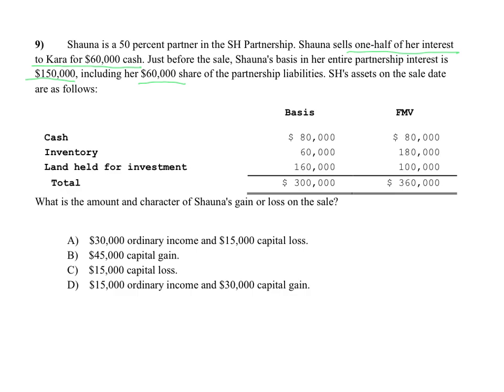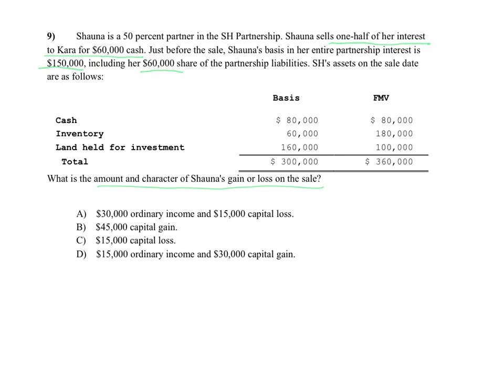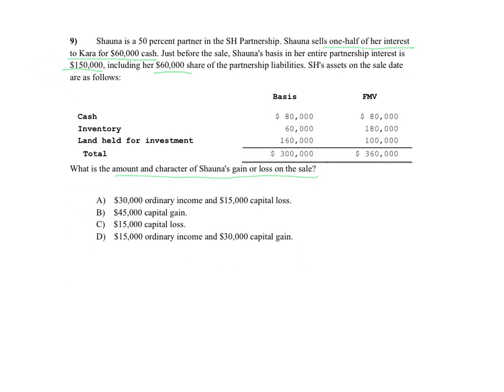All right, so what we need to do is find the amount and character of her gain or loss on the sale. All right, so same as before, we need to look at the amount received minus her basis. Okay, and what did she receive?